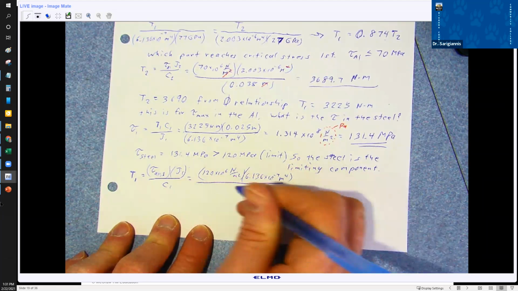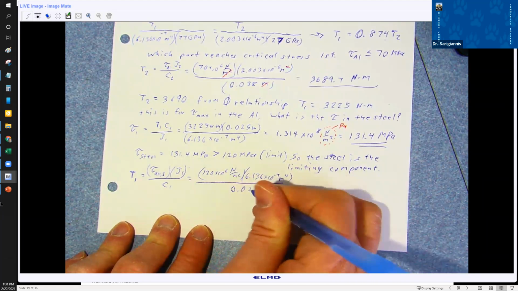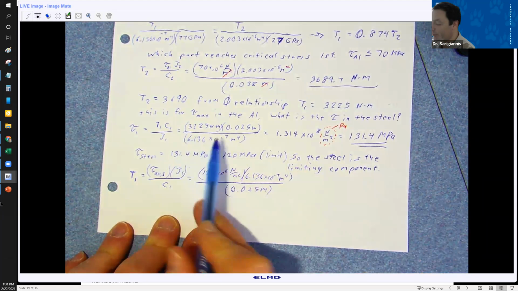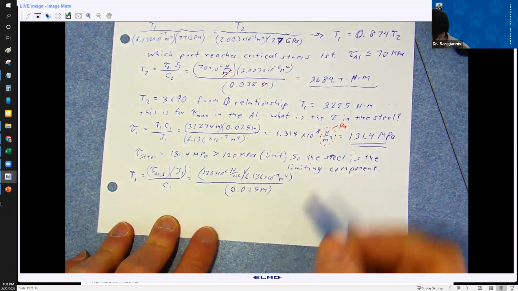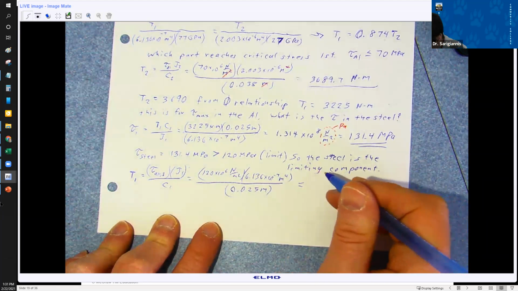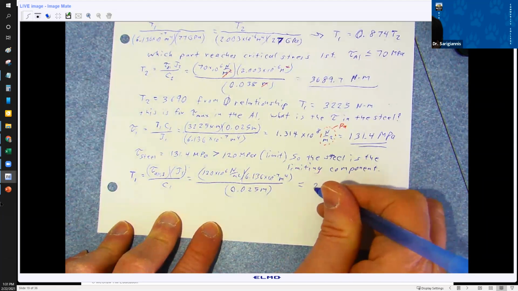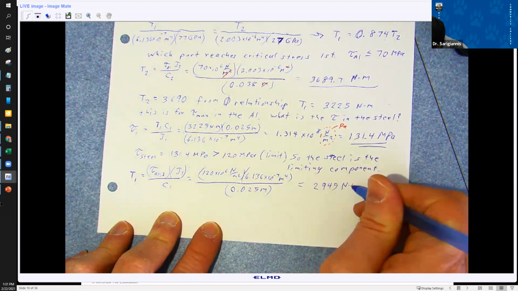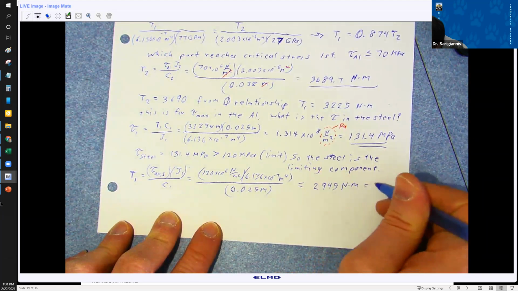And the radius is 0.025 meters. Right, basically just this equation rearranged again. And from this, we wind up with, it looks like I got 2945 Newton meters. And this is for T1.